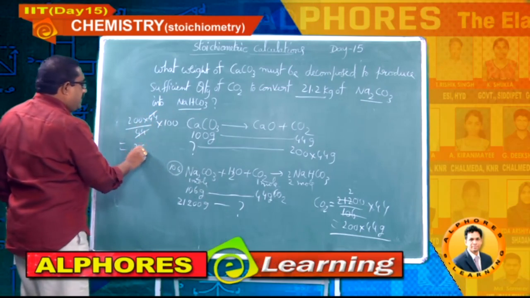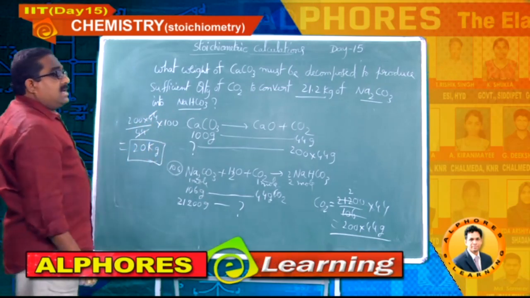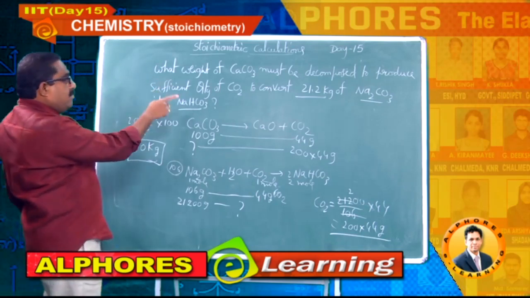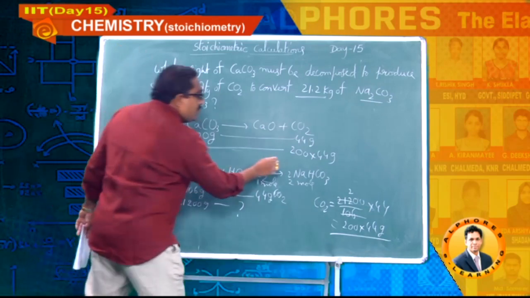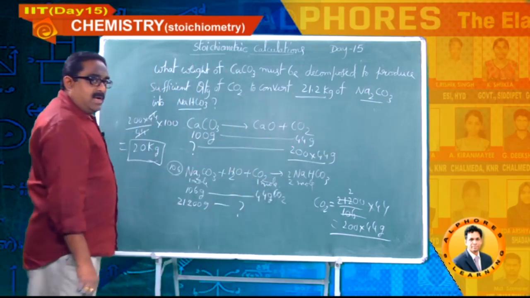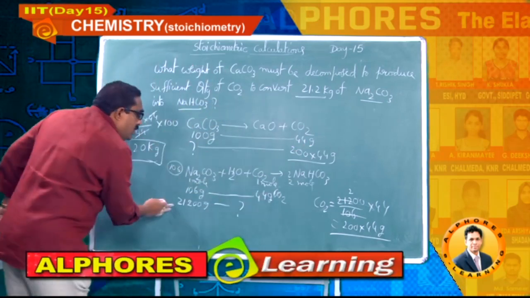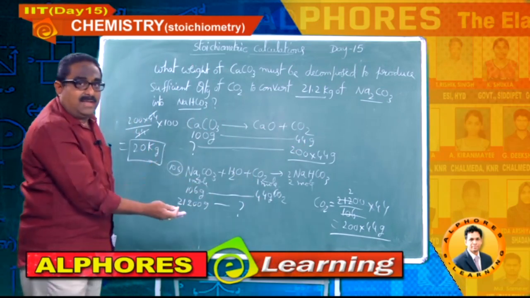If you convert this into kg, it is 20 kg. So that is the final answer. 20 kg of calcium carbonate must be decomposed. Then you will get 200 into 44 grams of carbon dioxide. Then it can convert 21200 grams of sodium carbonate into bicarbonate.